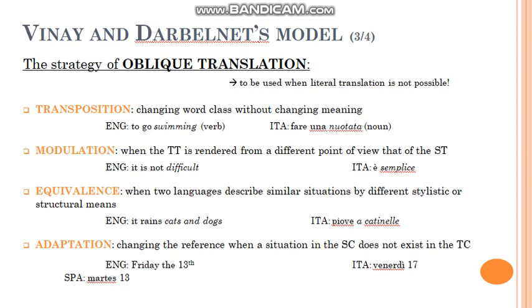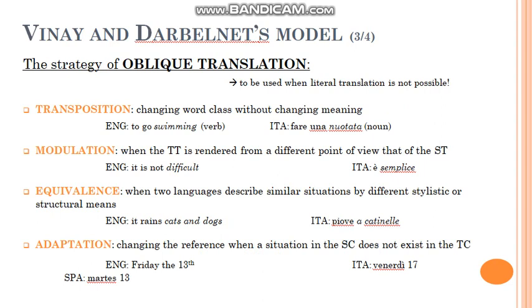The strategy of oblique translation is used when literal translation is not possible. Transposition is changing word class without changing meaning: in English, go swimming, and in Italian, fare una nuotata.